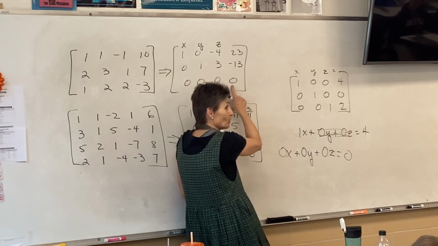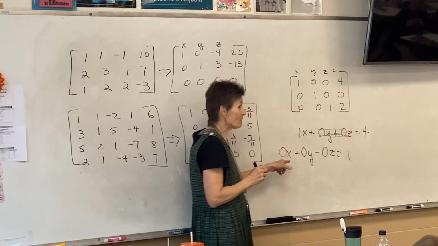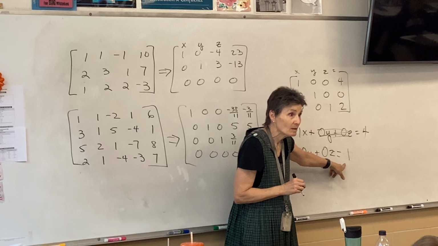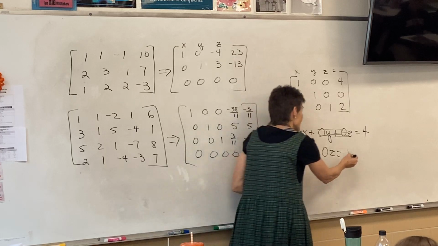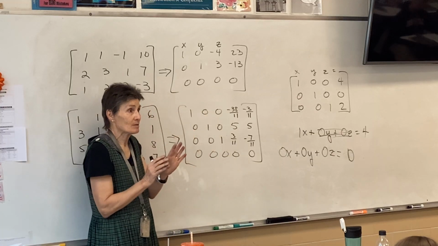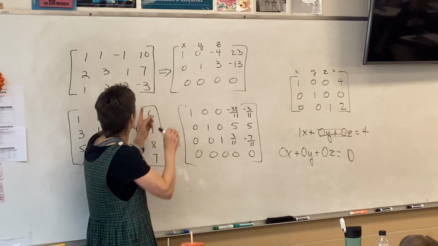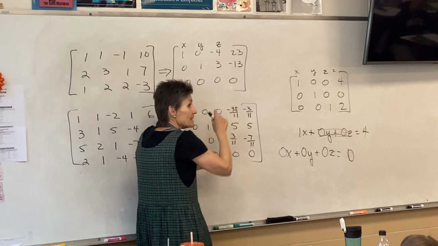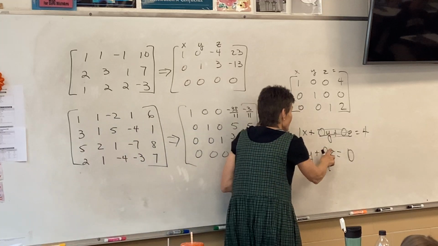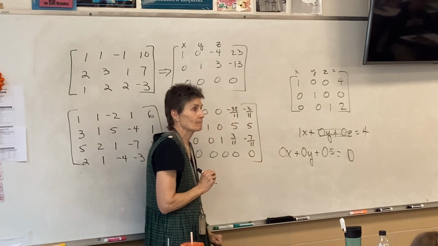If that number right there had been a 1 or something, then that would be a false statement, because nothing can't add up to be 1. But it's a 0, so that's a true statement. That means, you guys, that Z literally can be anything. Because it wouldn't matter. Let's say you got Z equals 5. Would that still be true?